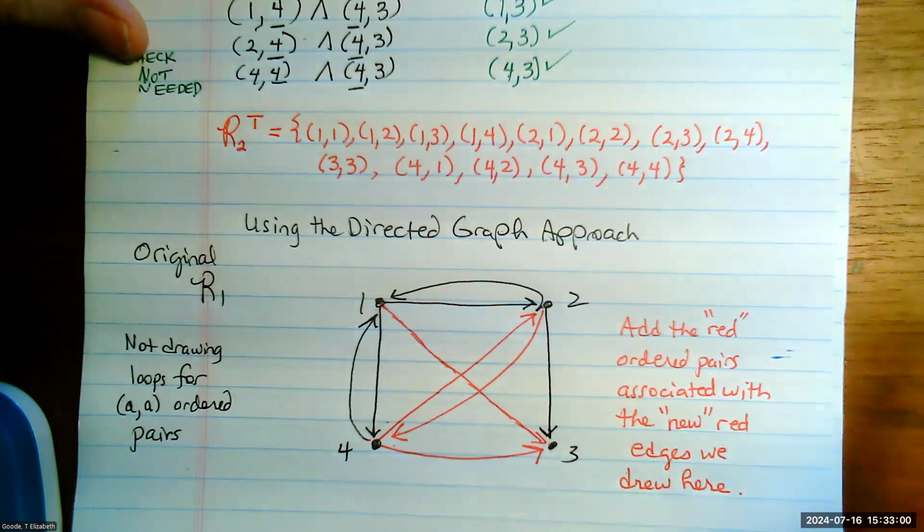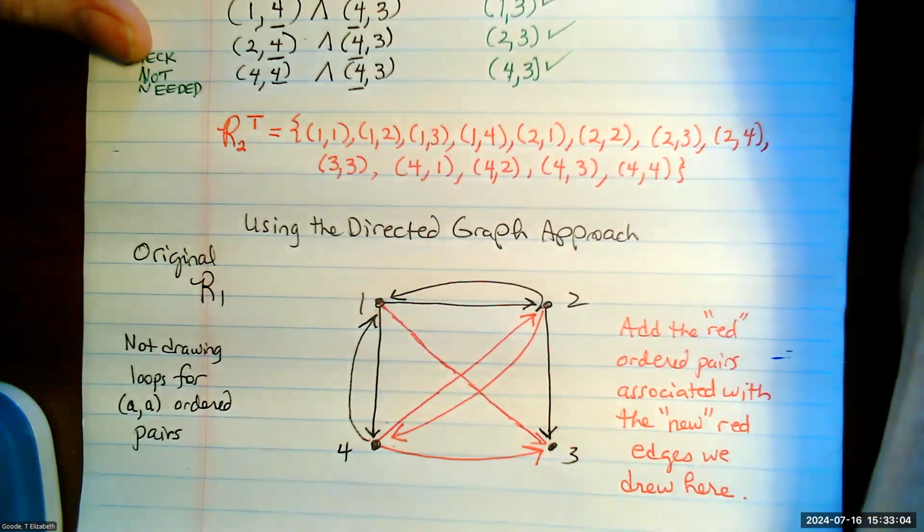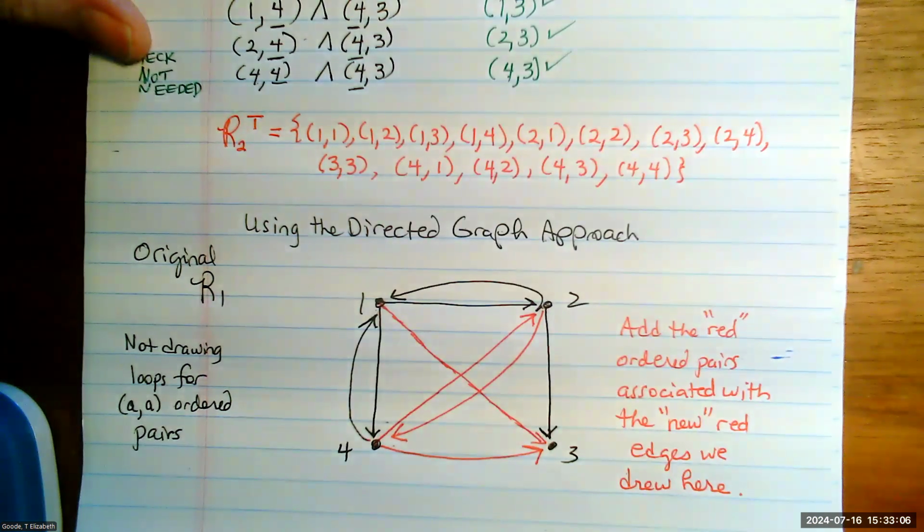All right, let me just say, if you want some more practice, it certainly wouldn't hurt you to go ahead and look at the next relation in the chapter 8 review.